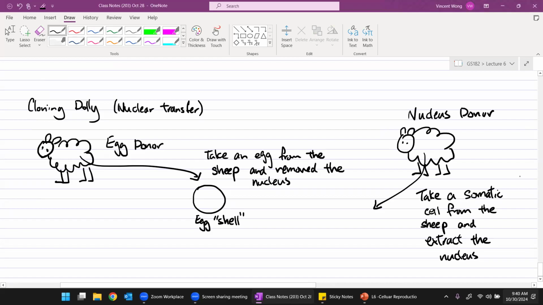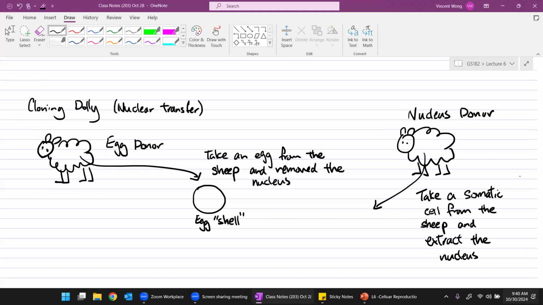In the body of animals, there are two kinds of cells: somatic cells and germ cells. Germ cells, as I told you, are cells that will become sperm or egg. Somatic cells are everything else.